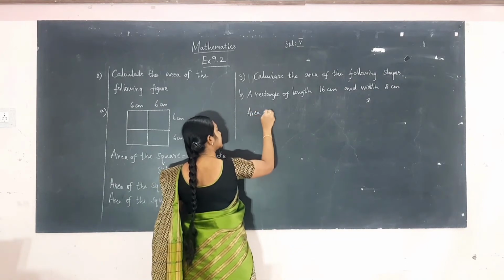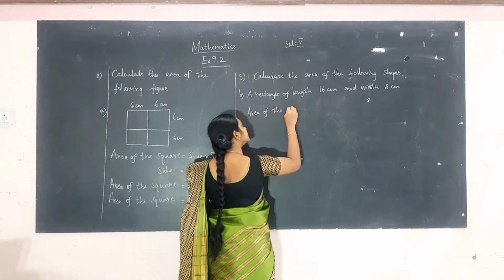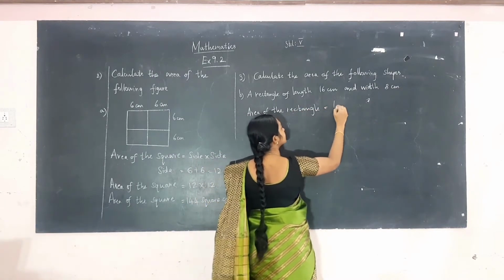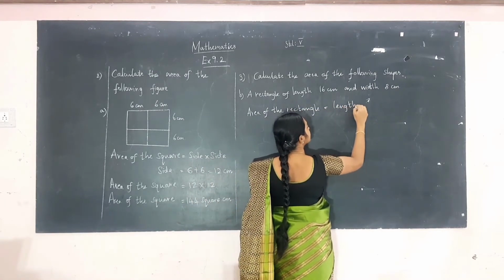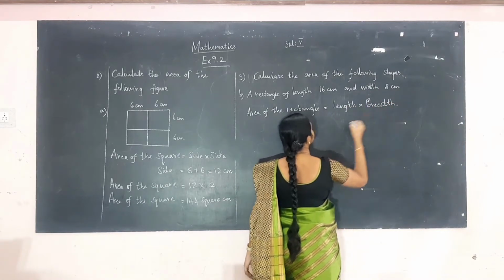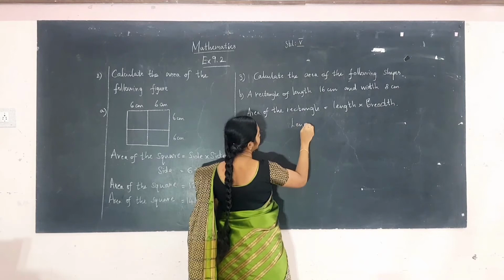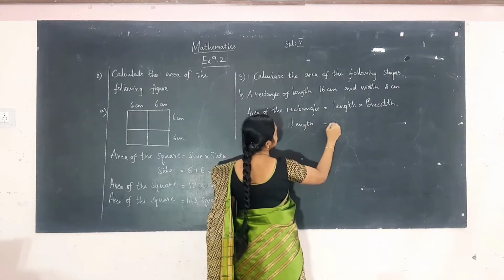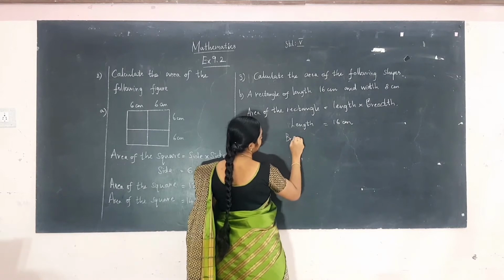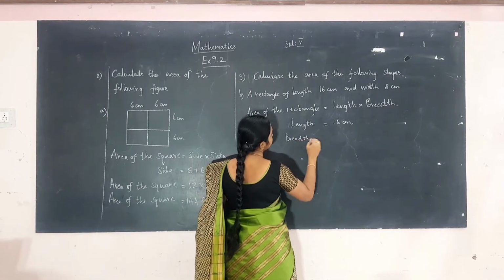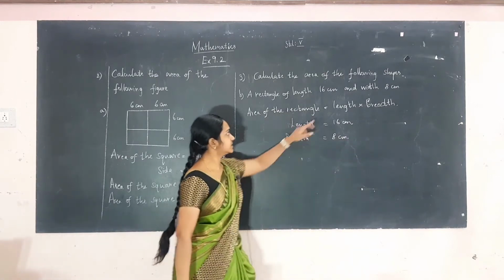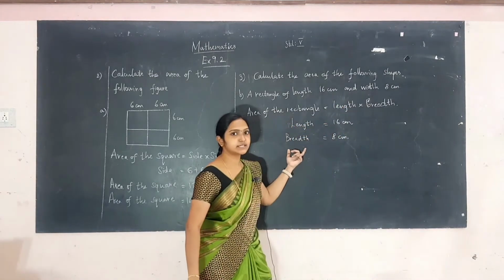Area of the rectangle is length into breadth. Length is given as 16 centimeter. Breadth is given as 8 centimeter. Width is nothing but breadth of the rectangle.